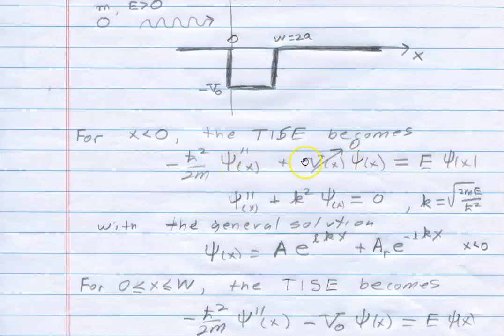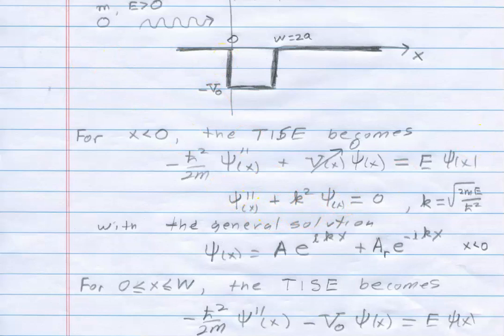We've done this several times by now. We bring the 2m over h bar squared to this side with the minus sign and introduce this constant. Remember, E is constant. It's bigger than 0, all of this is known, and so it's some positive number that I could put in there if I wanted to. Then the equation to be solved for x less than 0 is this one.